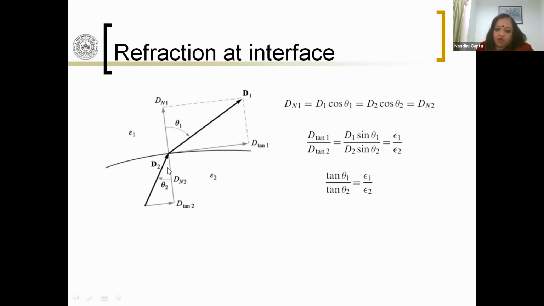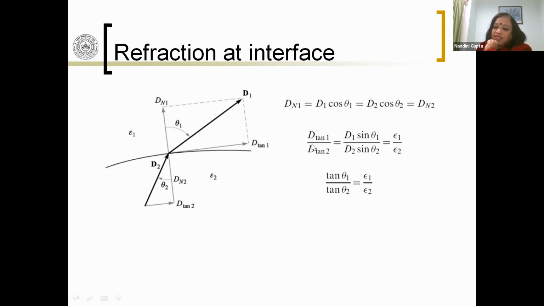These will have two components, one tangential and the other normal. So you break it up into Dn1, Dn2 and Dt1, Dt2. Now we know that Dn1 is equal to D1 cos theta 1, where theta 1 is the angle subtended by this flux line to the normal. And that must be equal to Dn2, since in the absence of any surface charge, Dn1 must be equal to Dn2.